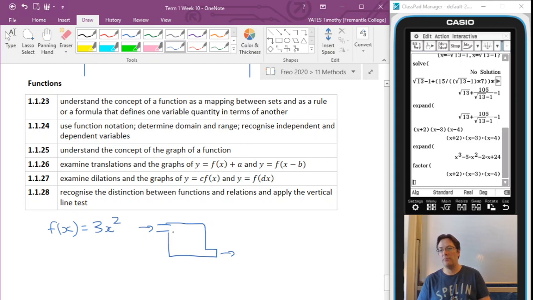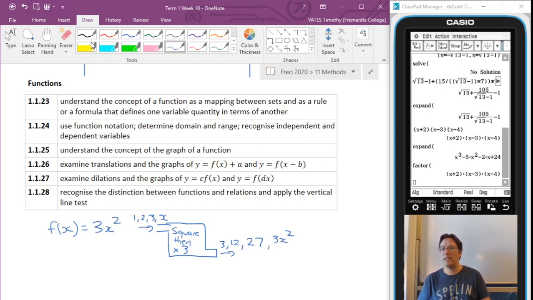The input goes into a machine that will square, then multiply by 3. So whatever number we put in, 1, 2, or 3, we square it, then multiply it by 3. That will put out 3, 12, and 27 as our outputs. Or if we just had x, it would put out the number 3x squared, just as an example. So that's basically what a function is.